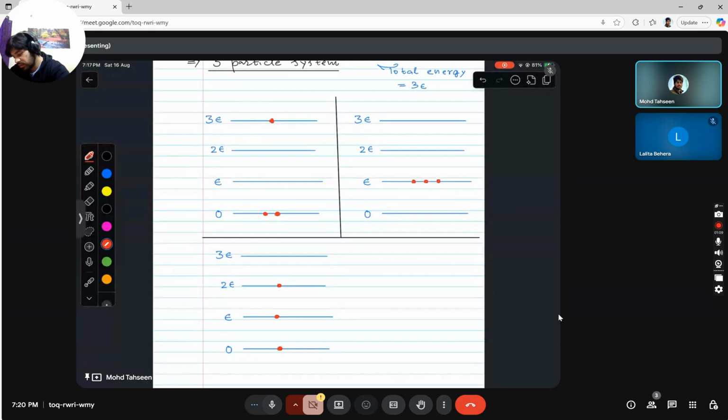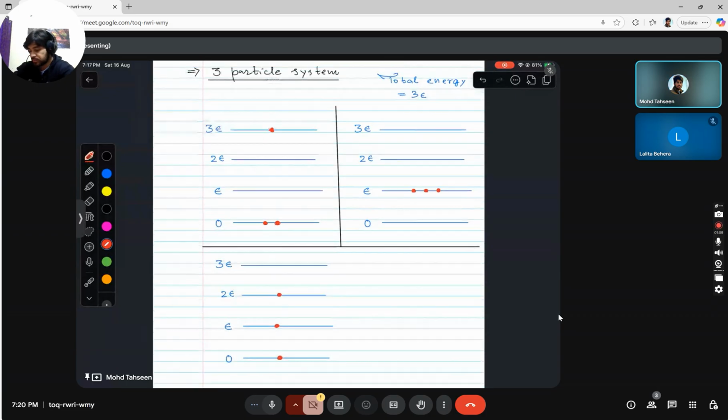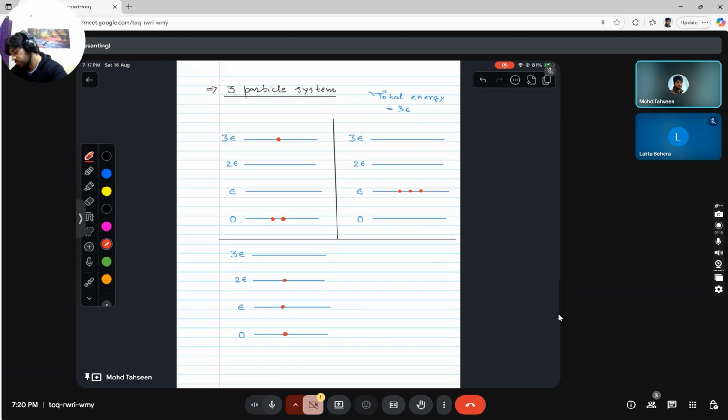Even in this case the total energy is 3 epsilon, because one particle has 2 epsilon and one particle has a single epsilon. So I think these are all the combinations possible. Just a minute, let me just confirm.